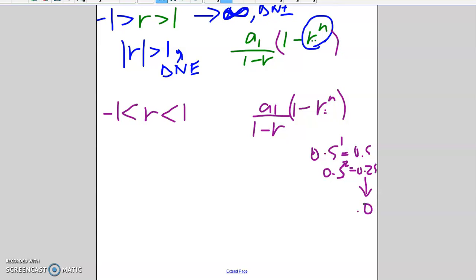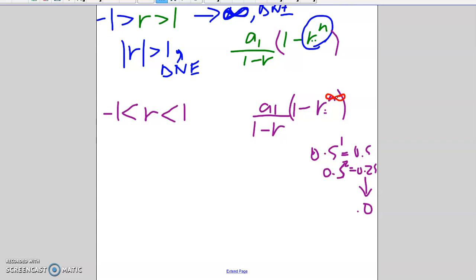So if on my calculator I put 0.5 raised to the 20th power, I get a really, really small number, like 0.0000953, something like that. So if I'm raising this 0.5 to infinity, instead of this n here, I'm going to replace that with infinity.